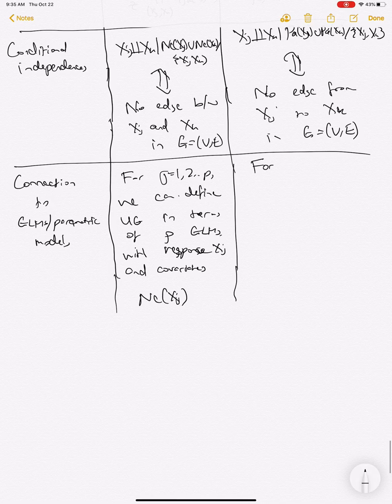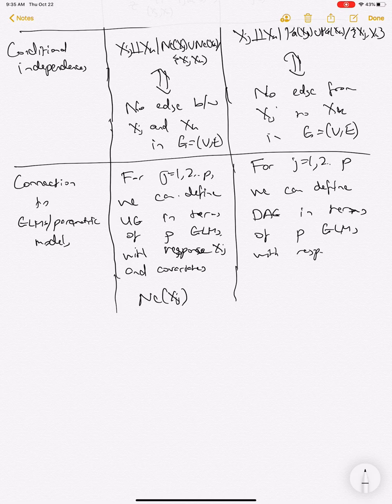And for DAGs, we can define DAG in terms of PGLMs as well, with response xj and covariates the parents of xj.